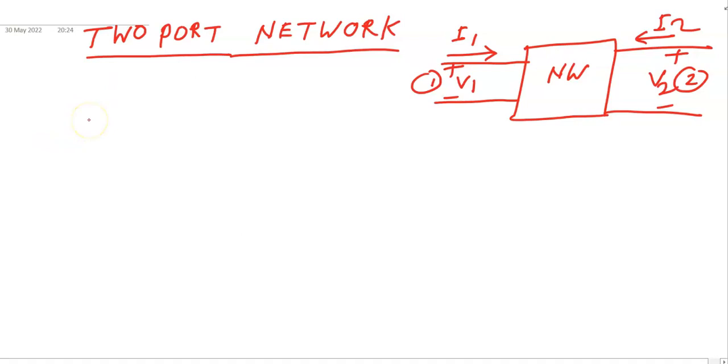There are basically four types of network parameters for the two-port network.